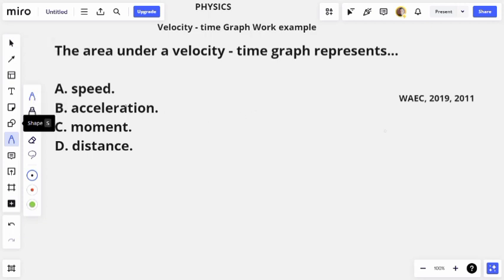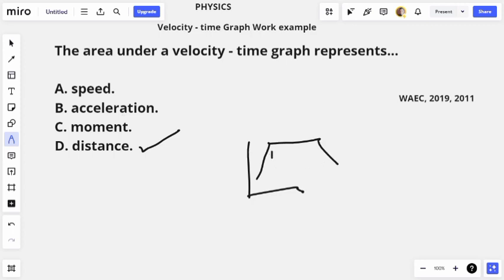area under a velocity time graph represents the distance, or you say total distance covered. If this is your graph of a velocity time graph, whatever shape it forms, the area there, you know this place is V, and your horizontal axis is T. So area, assuming it was a square shape that was formed, area would have been what?